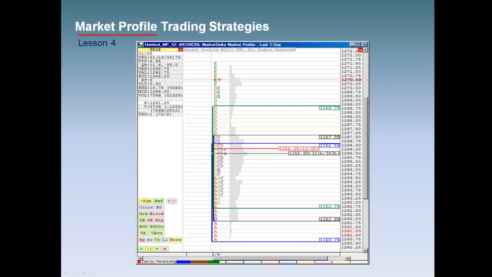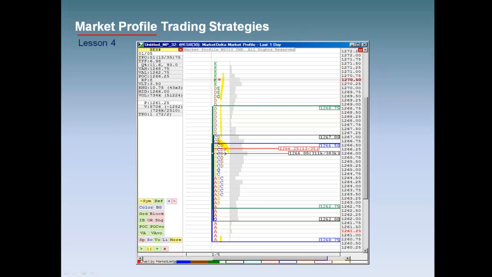The correct answer is this is, in fact, an imbalanced profile. And this is one of the key things that we want to learn to quickly be able to identify. The easiest part in the analysis of a profile is actually to analyze things after the fact. So it's very easy here to see that, in fact, we had a directional move in the market, and it is a narrow profile.